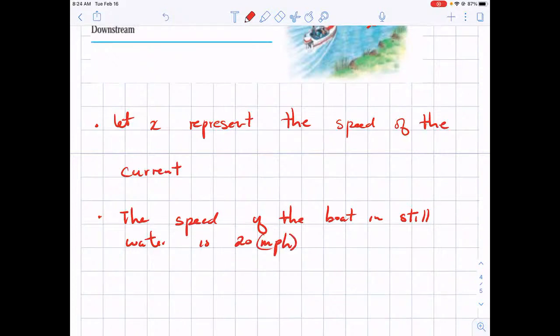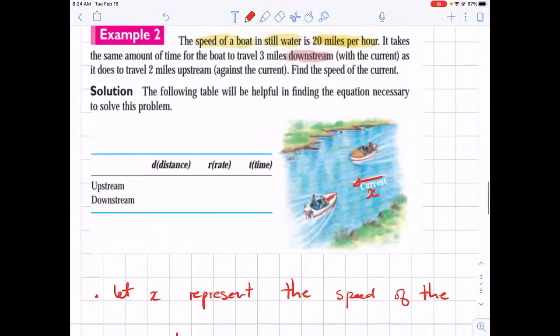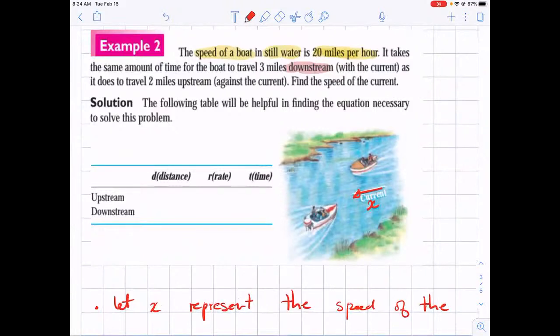Now, the speed of the boat upstream. Remember, it takes the same amount of time for the boat to travel 3 miles downstream, that's with the current, as it does 2 miles upstream.